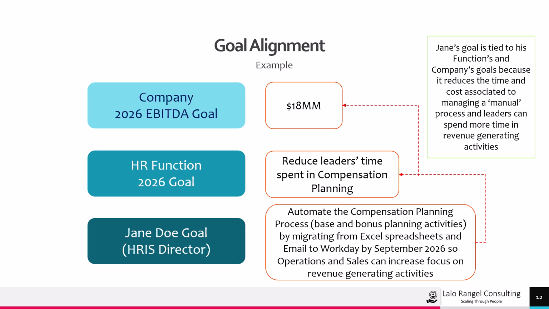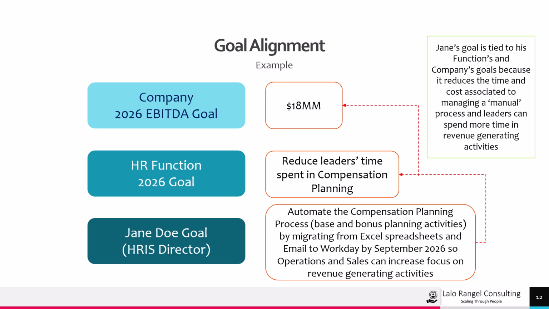In this case, the leaders were spending a lot of time completing spreadsheets, sending them by email, reviewing, and resending by email to the roll-up leaders for the review and approval of the base and bonus recommendations.